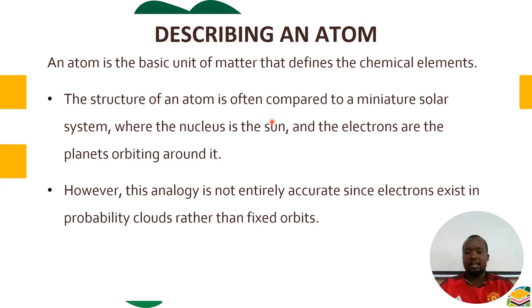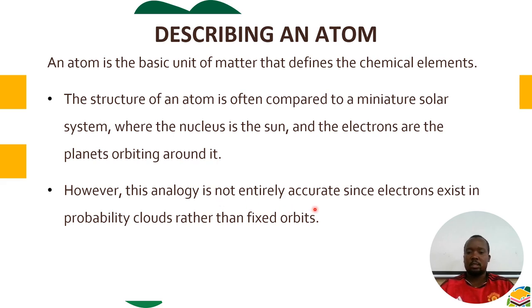So in this regard, therefore, the structure of an atom is often compared to a miniature solar system, where you have the nucleus, and in this case, the nucleus is compared to the sun, and the electrons, the planets orbiting around it.